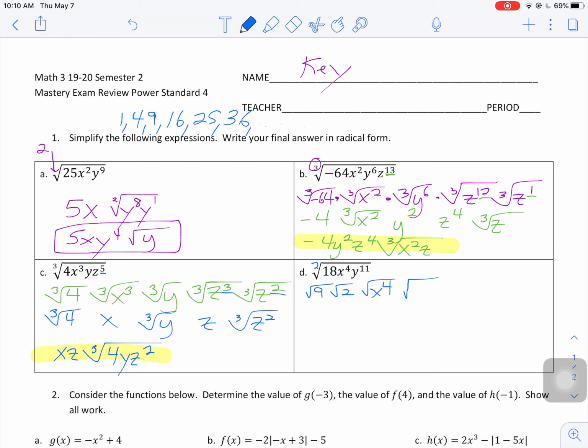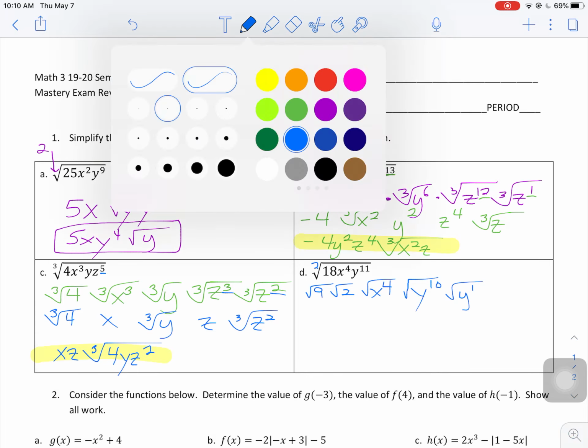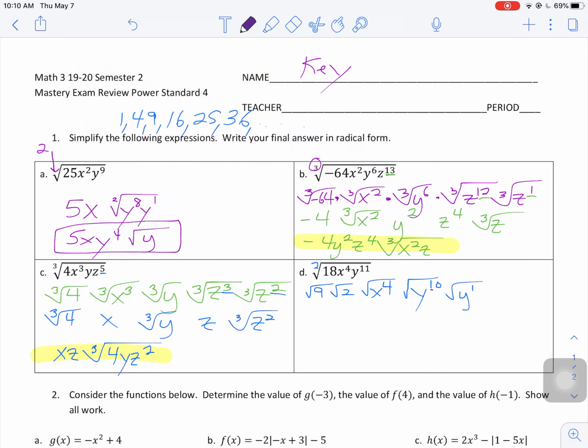So I want to try the next exponent down. So 10. 10 divided by 2 is 5, so that works. So I'm going to split y to the 11th into y to the 10th and y to the 1st. So 10 plus 1 is 11. Those two exponents have to add up to the 11.